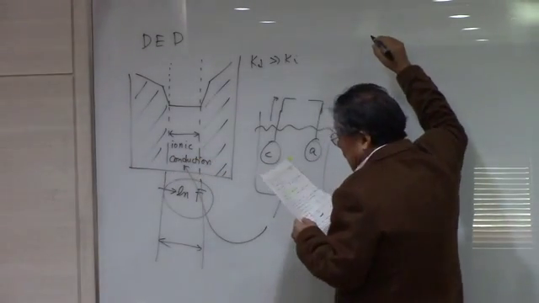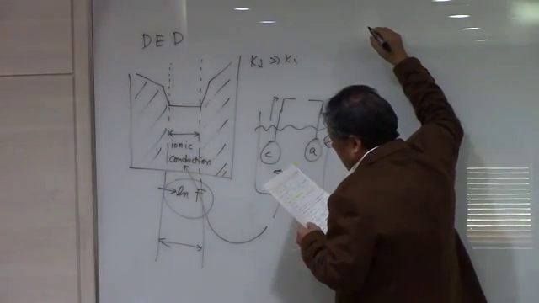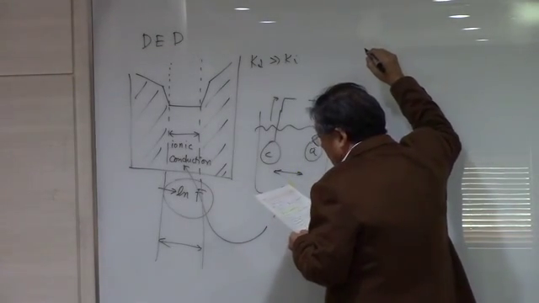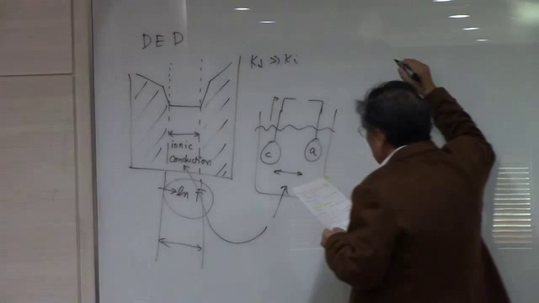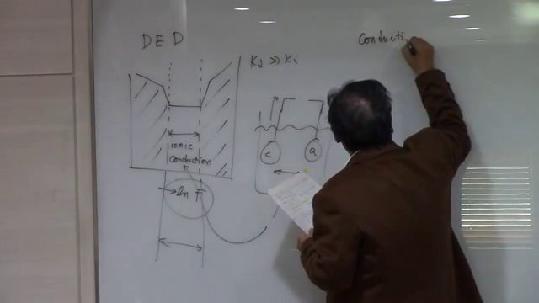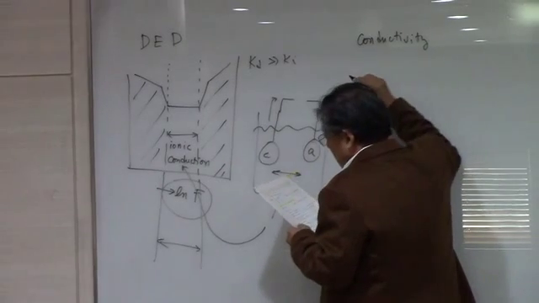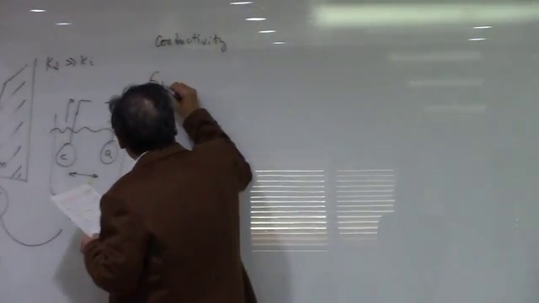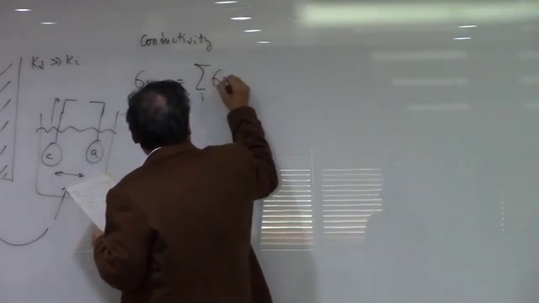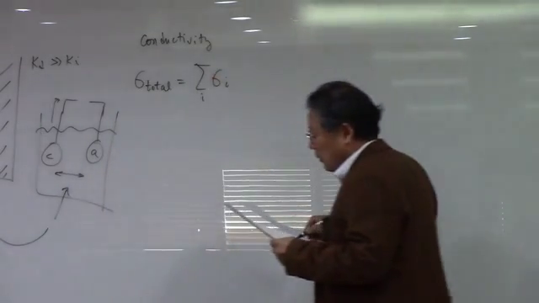Let me just discuss the defect concentration and conductivity. Total conductivity is going to be a summation of conducting species.